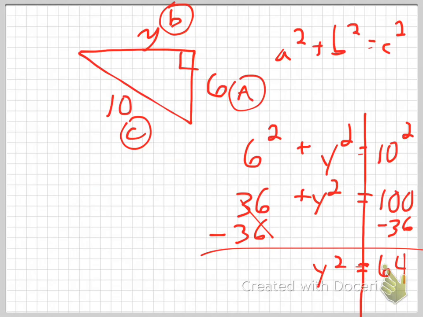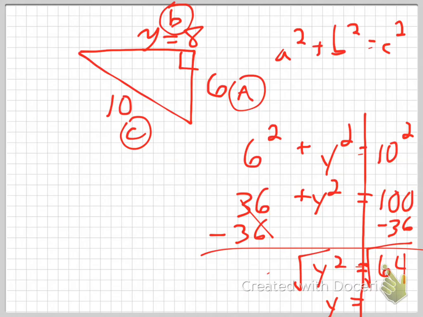No. He's being squared. How do I get rid of something being squared? Square root. What is the square root of y squared? Y. What is the square root of 64? So then y up here is 8.